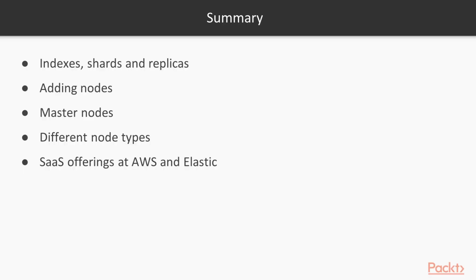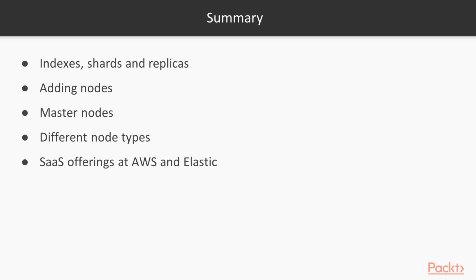Just to summarize this last video, we started out by looking at indexing, shards, and replica shards. That's the foundation of how Elasticsearch can scale, and scale really well. We looked at how easy it is to add general nodes to your cluster, just by setting a couple of configuration items if you're in a restricted network environment like I am. Or it's even simpler if you don't have to predefine those IP lists.